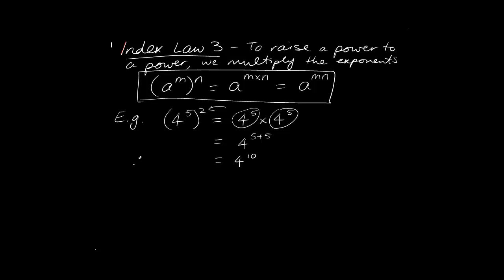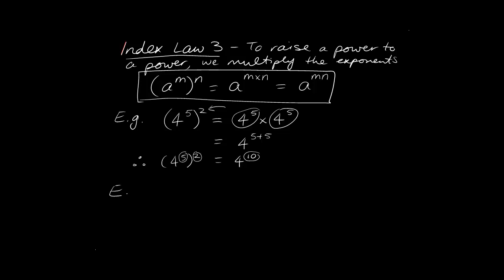So basically 4 to the power of 5 all squared has worked out to be 4 to the power of 10. It is no accident that the product of the exponents, in other words 5 times 2, works out to be 10 here. If you look back at the rule itself, a to the m all raised to the n, we end up multiplying the two exponents. 5 times 2 will give you 10.